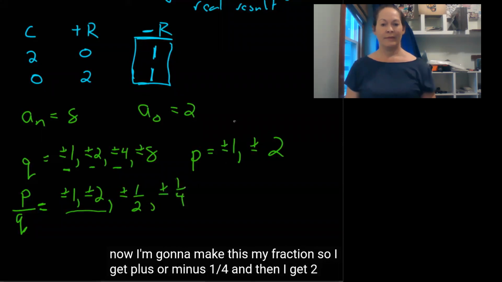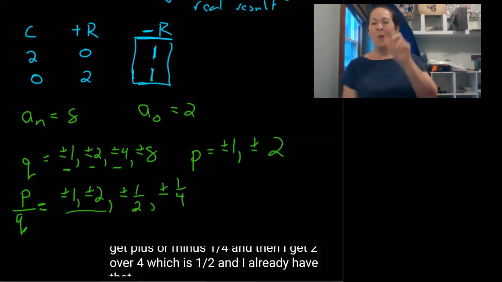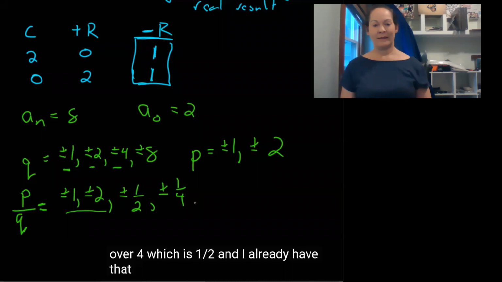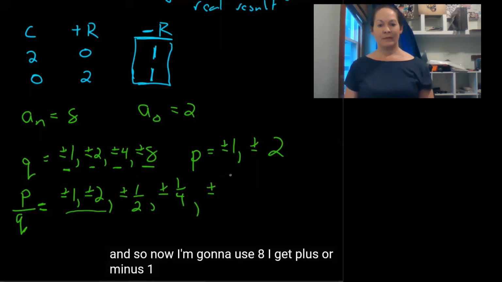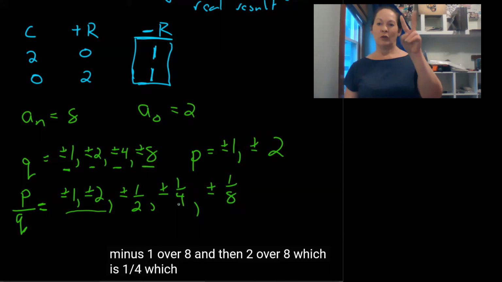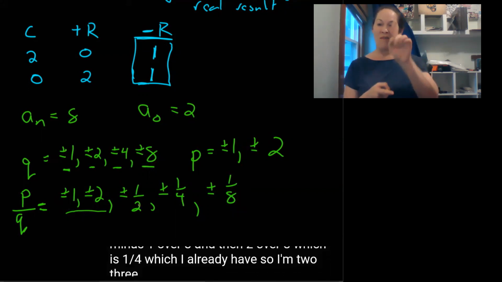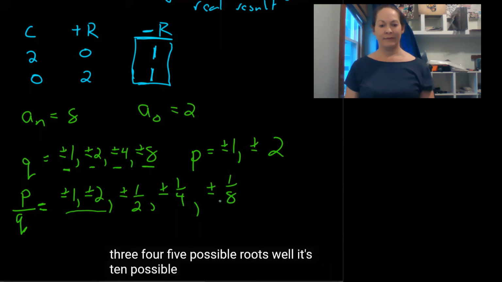And then I get 2 over 4, which is 1/2, and I already have that. And so now I'm going to use 8. I get plus or minus 1 over 8. And then 2 over 8, which is 1/4, which I already have. So 1, 2, 3, 4, 5 possible roots. Well, it's 10 possible roots, but I'm only looking at the negative ones.